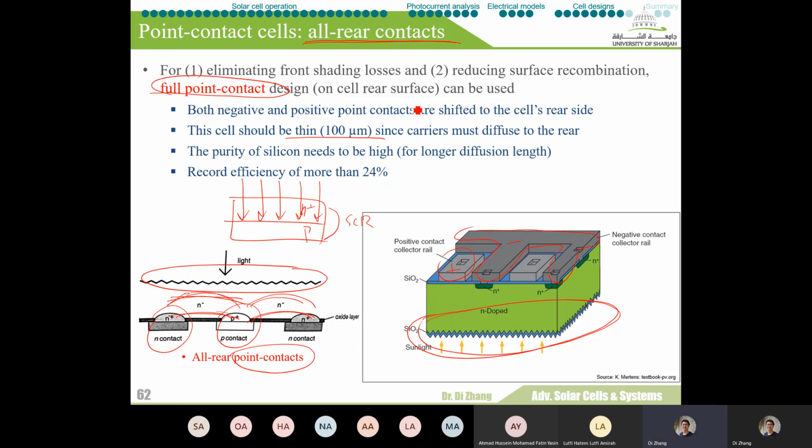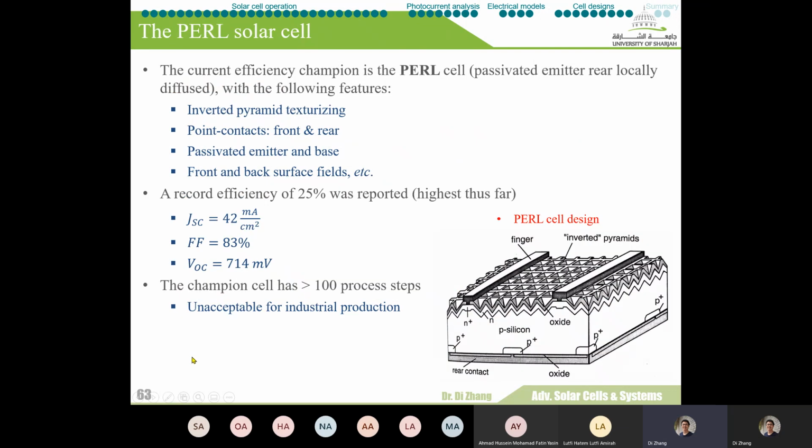So that is the full point contact design. Then there was a champion silicon solar cell that combines most of the high efficiency designs into one prototype, into one solar cell.